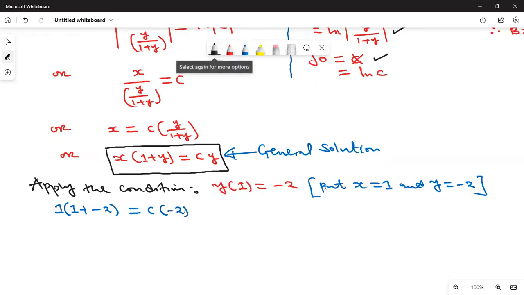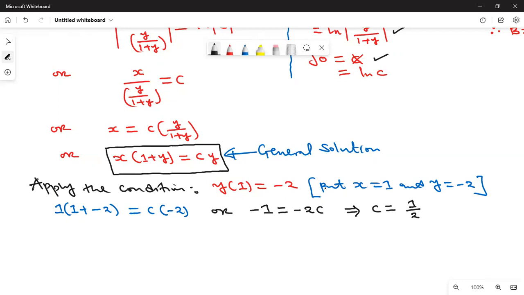You can now make c the subject. On the left we have -1 is equal to -2c. Make c the subject, so c is equal to, we divide by -2, that will give us 1/2 as the value of c.